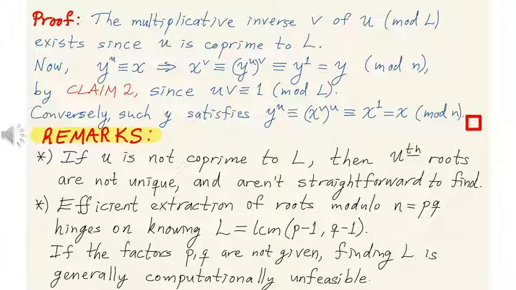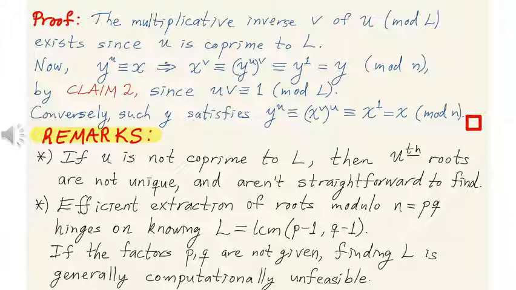In order to invert the operation of raising to the u, you need to raise to the multiplicative inverse of u modulo L. However, the determination of L depends on knowing the factors p and q of n. So if all you know is that you're doing arithmetic modulo n, but you do not know the factorization of n as p times q, then it is in fact unfeasible in general to even find L. It's not that undoing the operation of raising to the u by raising to the v equals u inverse is difficult.